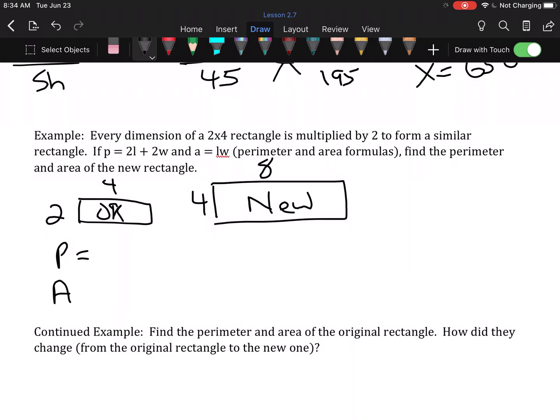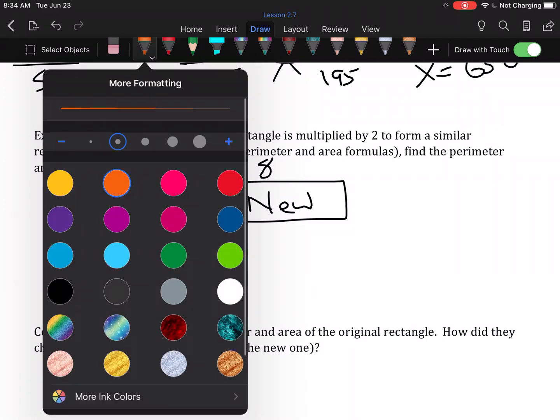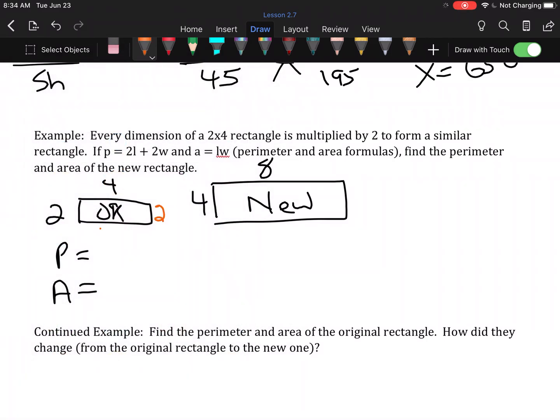The perimeter of the original is 2 plus 4 plus 2 plus 4. Remember, these other sides that aren't labeled have the same measurements. They're rectangles. So 2 plus 4 is 6, 6 plus 2 plus 4 is another 6, so the perimeter here is 12.